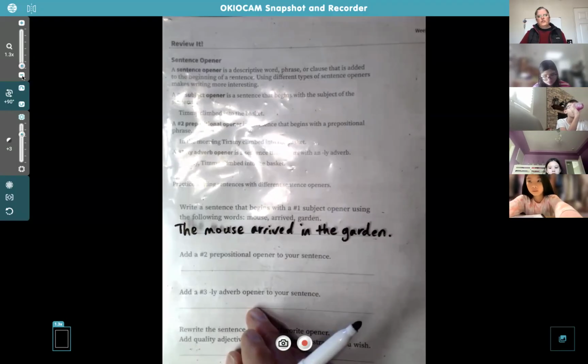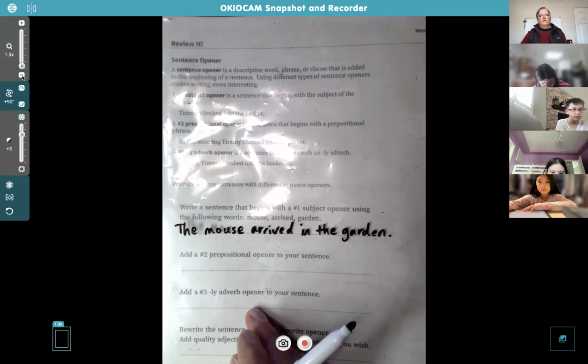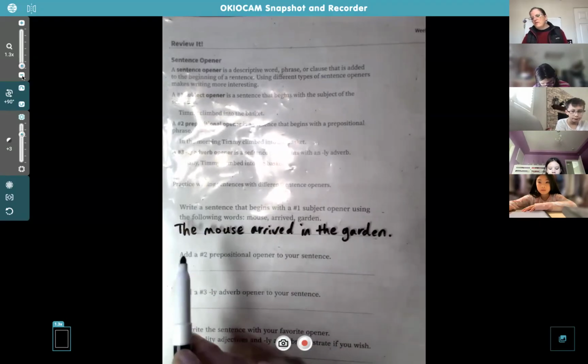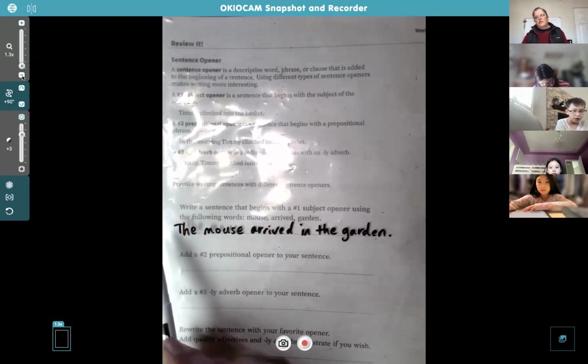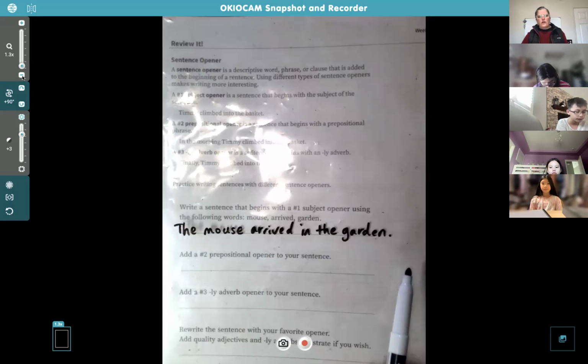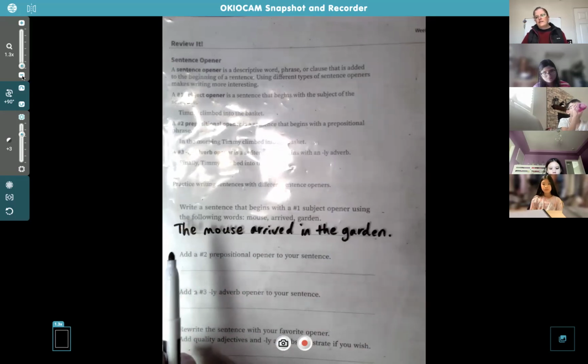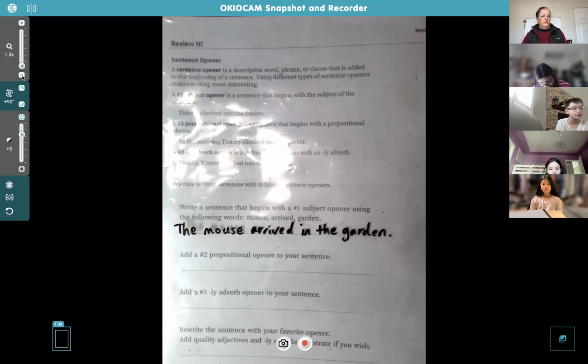How about a number two prepositional opener? Add a number two prepositional opener to your sentence. So we're going to need something before, something, something, something, the mouse arrived in the garden. So what can we add to that sentence as a prepositional opener?